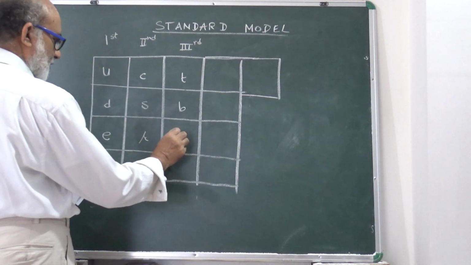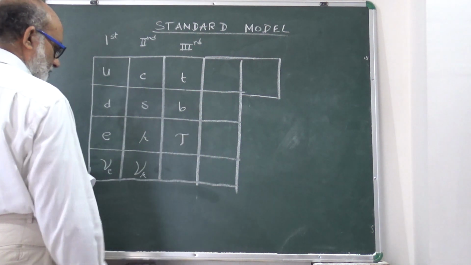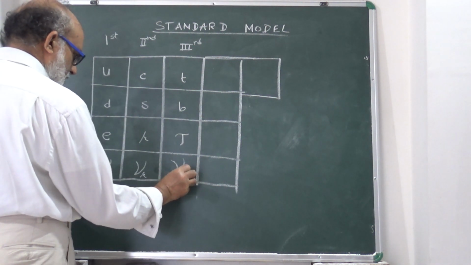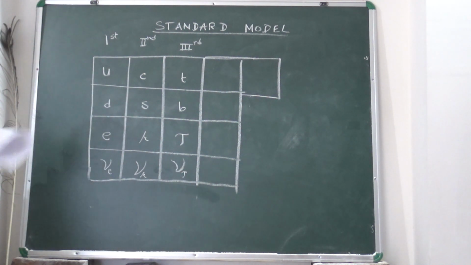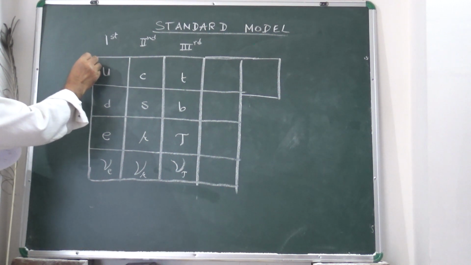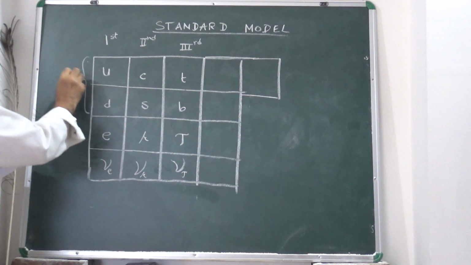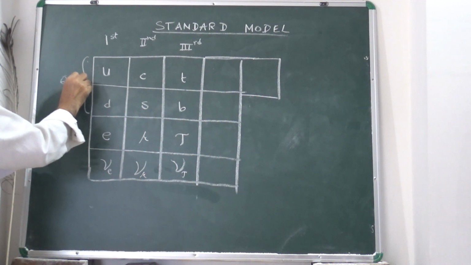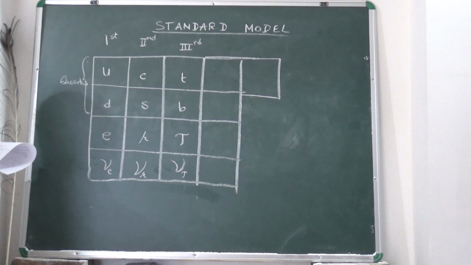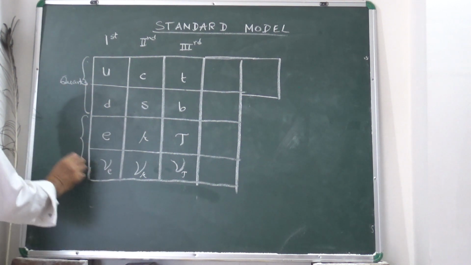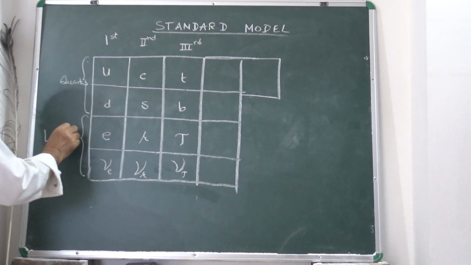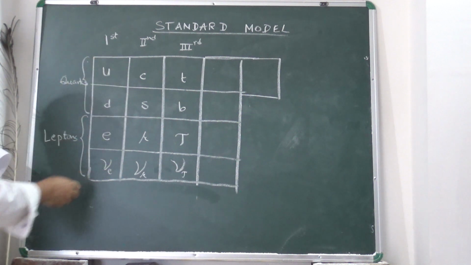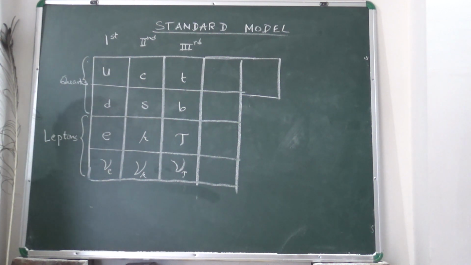And then we still have tau and tau neutrino. And these are quarks. And these are leptons. But all of them follow the Fermi-Dirac principle because all of them have spin 1/2.